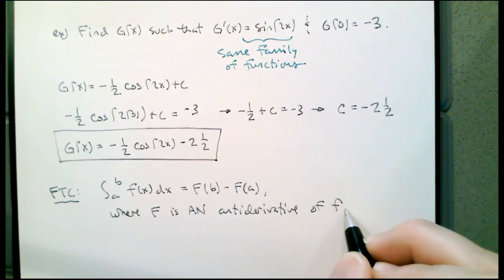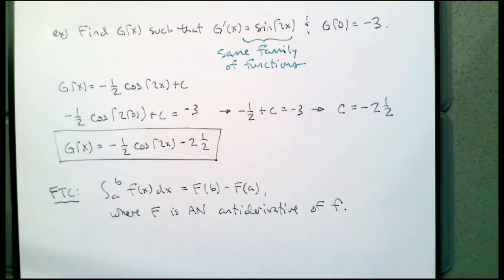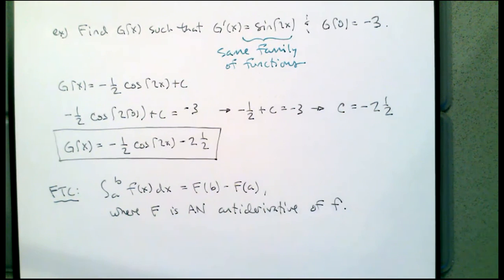of little f. The reason it says an antiderivative is that the fundamental theorem of calculus works with any of the antiderivatives. They're only off by some plus c, and if F at b has a constant and F at a has the same constant, they'll cancel out.